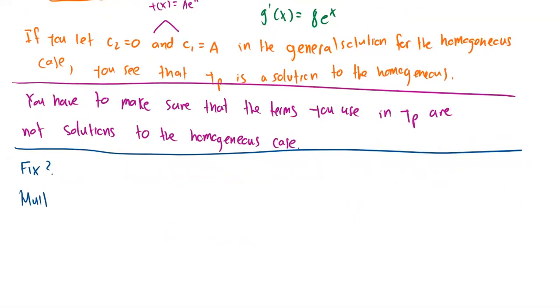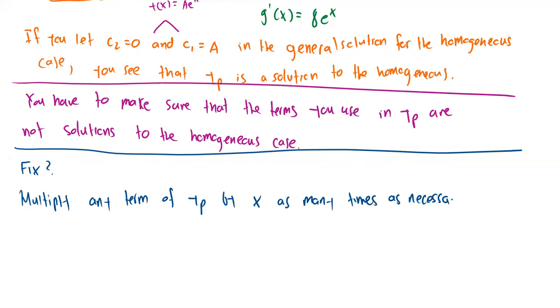Multiply any term of y sub p by x, just the function x, as many times as necessary until that term is no longer a solution to the homogeneous case.